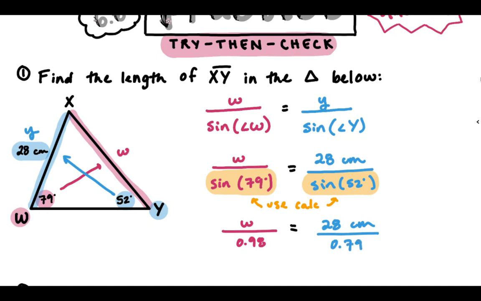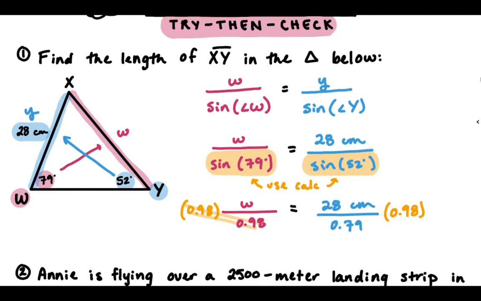Okay, we're almost there. We're trying to get little w by itself, so I need to get rid of 0.98. To get rid of 0.98, I'm going to multiply by 0.98 on both sides. Then on the left, my 0.98s cancel out, leaving only little w all by itself, which is exactly what I wanted.